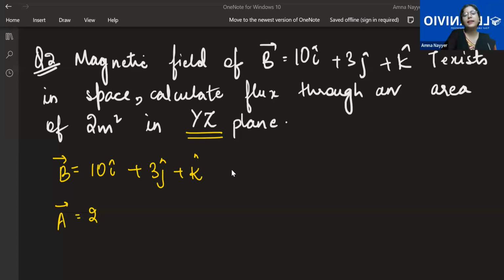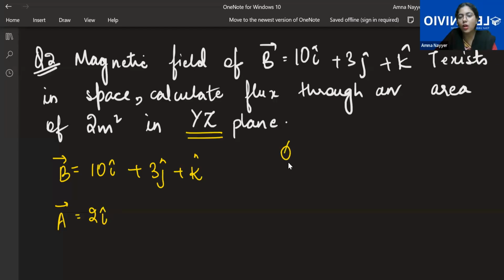YZ is already the plane. See, this is the XY plane. This is the YZ plane. This is the XZ plane. So if I have the YZ plane, with the Y axis and Z axis, perpendicular to it, when I choose the area vector, where will it point? Which axis is this? X-axis. Very good, Ali. This will be X-axis, which is I cap.